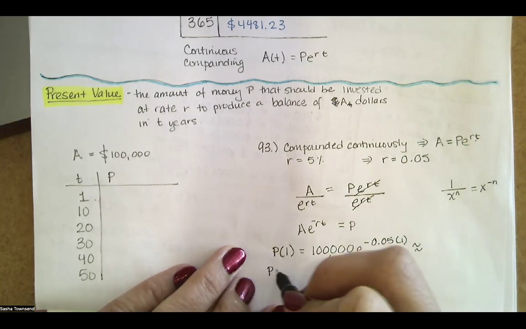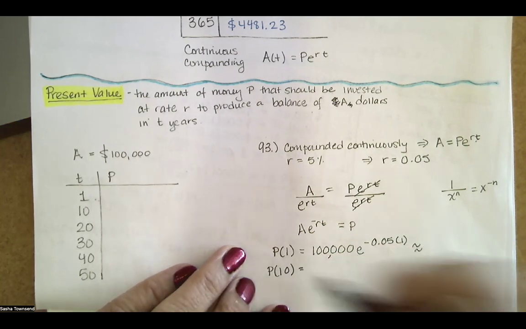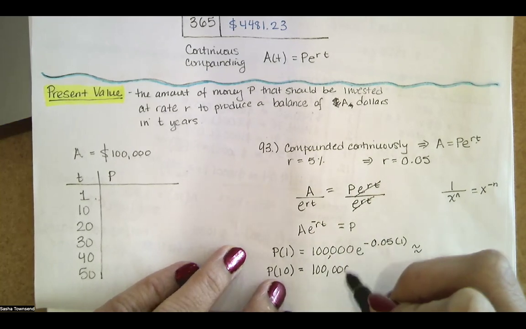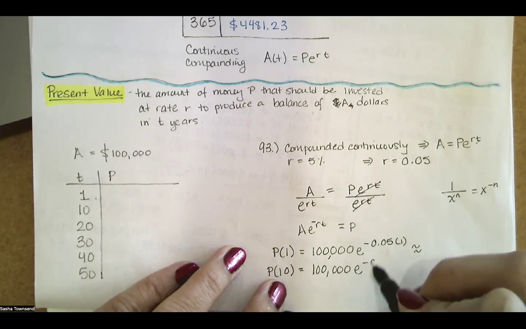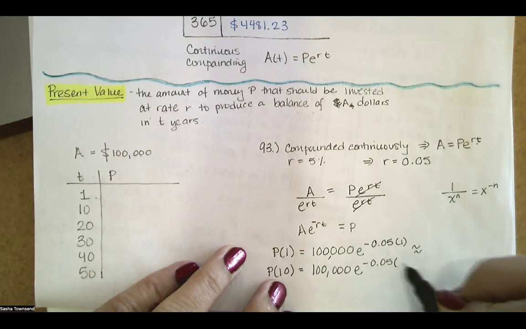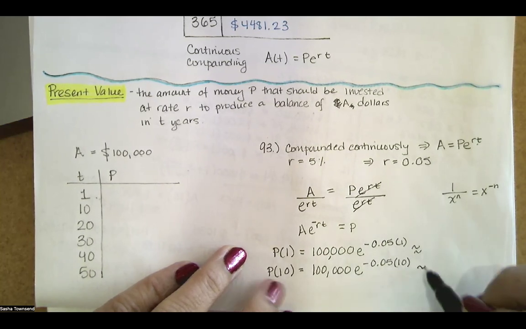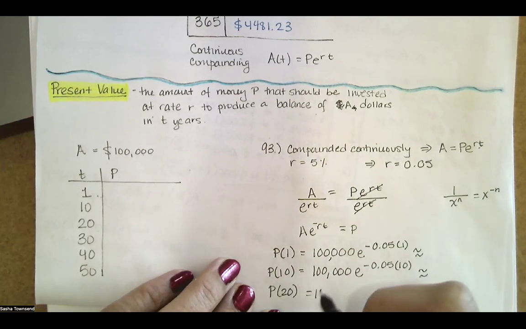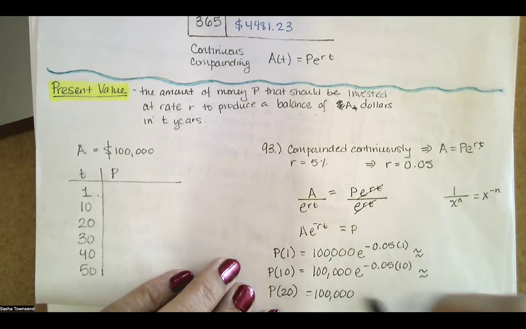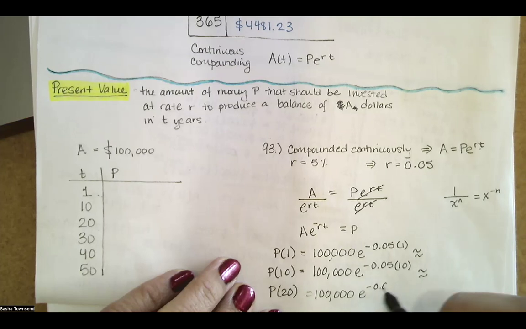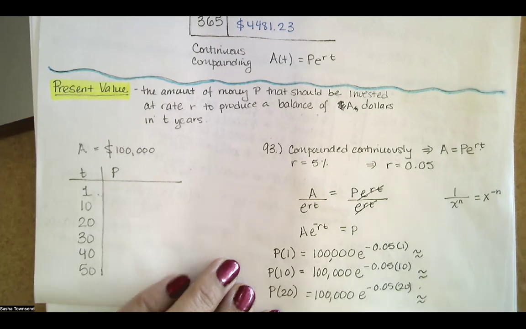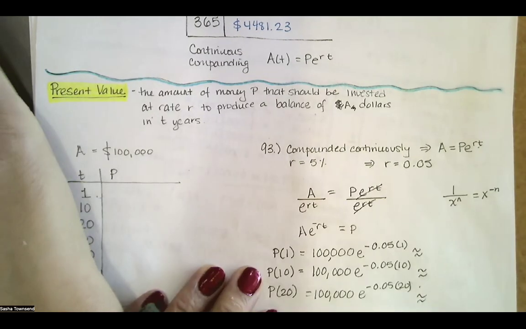And then if I want to know what that present value should be so that 10 years into the future I have $100,000, I just have 100,000 times e to the negative 0.05, and then you multiply by that 10 years. And then 20 years is very similar. Everything stays the same. The only thing that changes is that t value that you're substituting. Very, very simple.